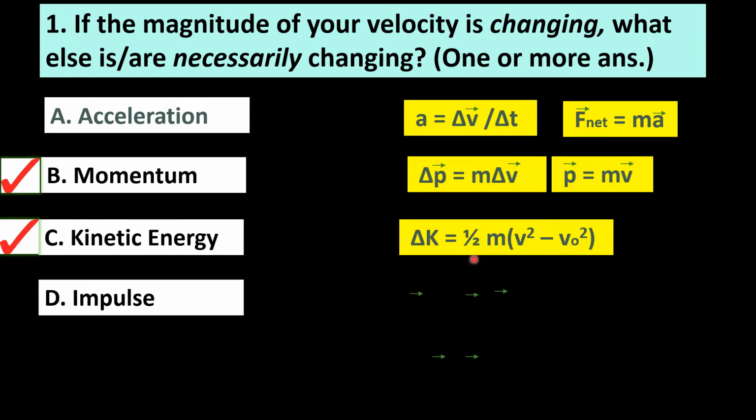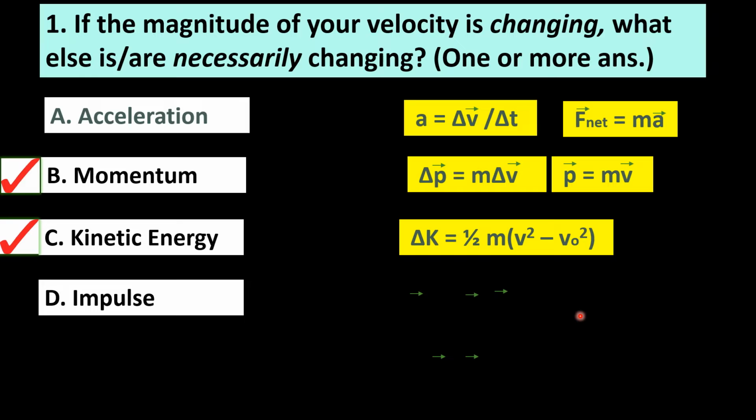So when the speed of a body is changing, whether the body is speeding up or slowing down, then we will have a change in kinetic energy. That's quite simple, right?